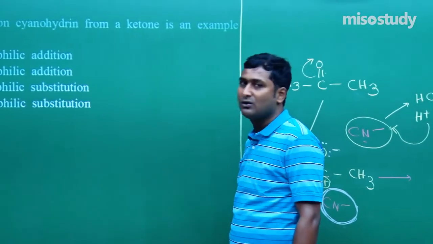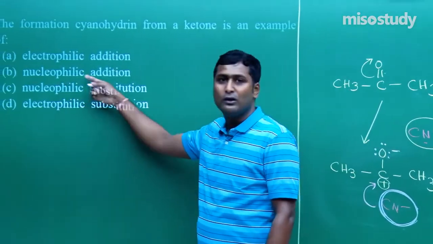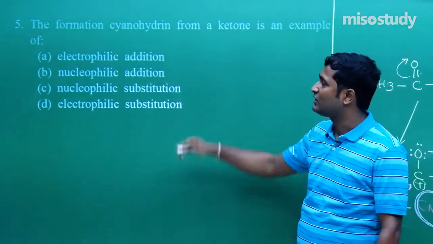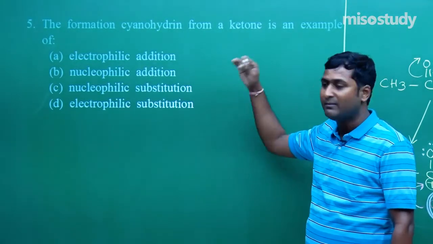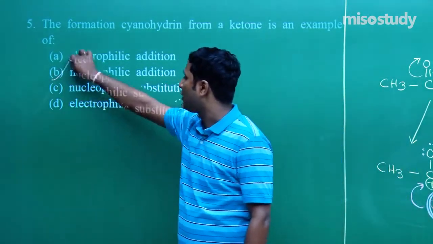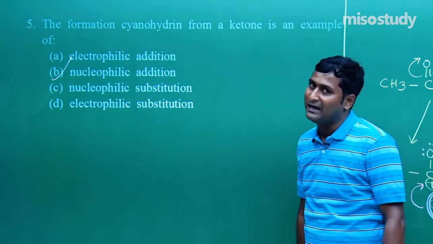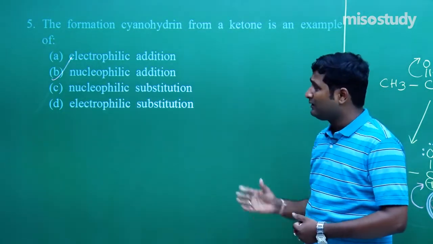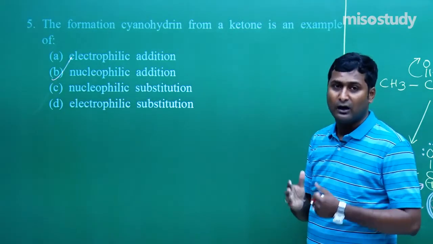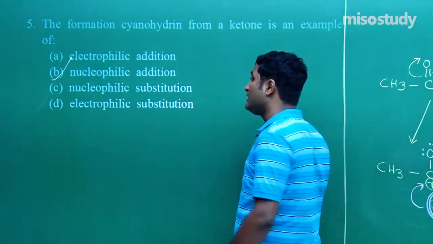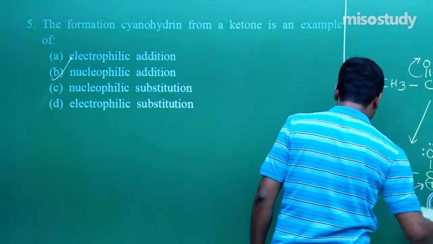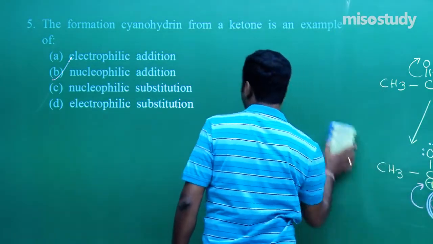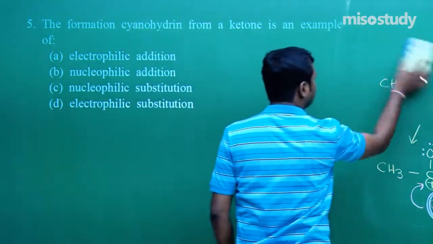So for question number 5, B is the correct option, that is nucleophilic addition reaction. These are very good questions. You can easily solve them if you have command over the theory. Now let's move to the next question.